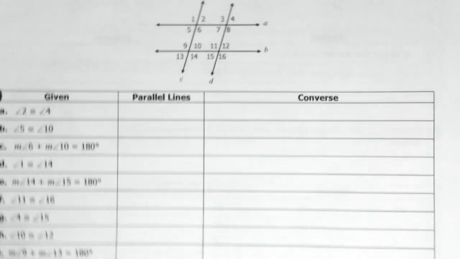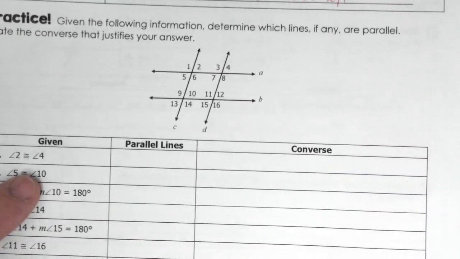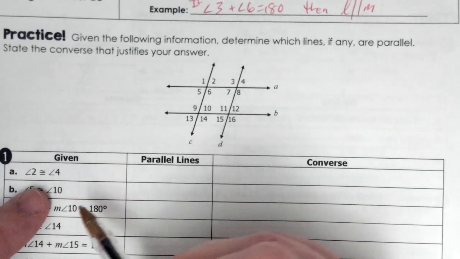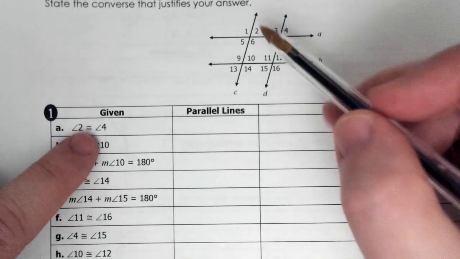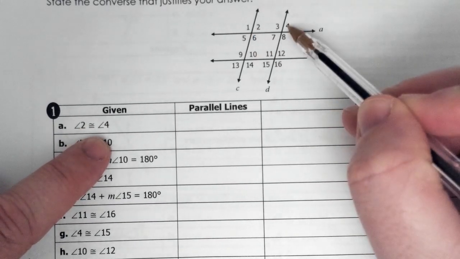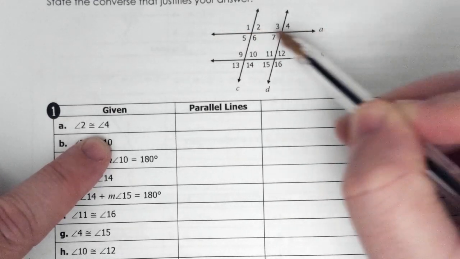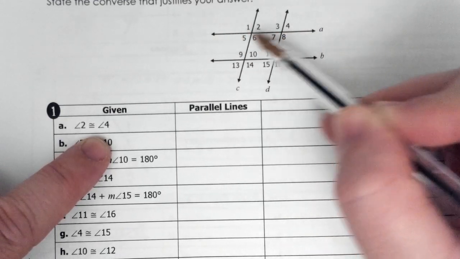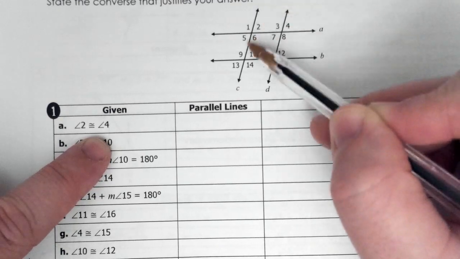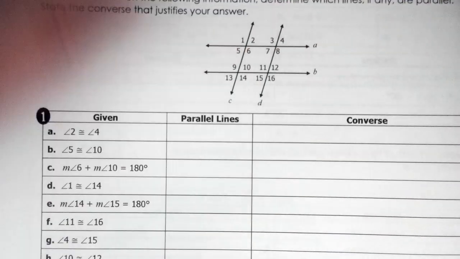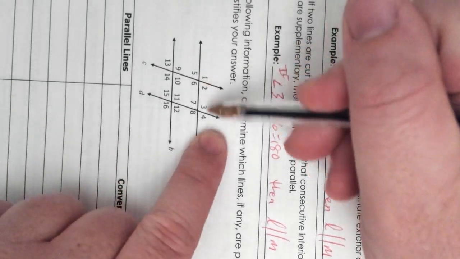All right, last thing. So let's actually figure out what these are. So what lines would be parallel? So we have 2 and 4. What train did we take? We took A. That's the A train. So if I turn my train and I made it vertical, here's the train to go from 2 to 4.